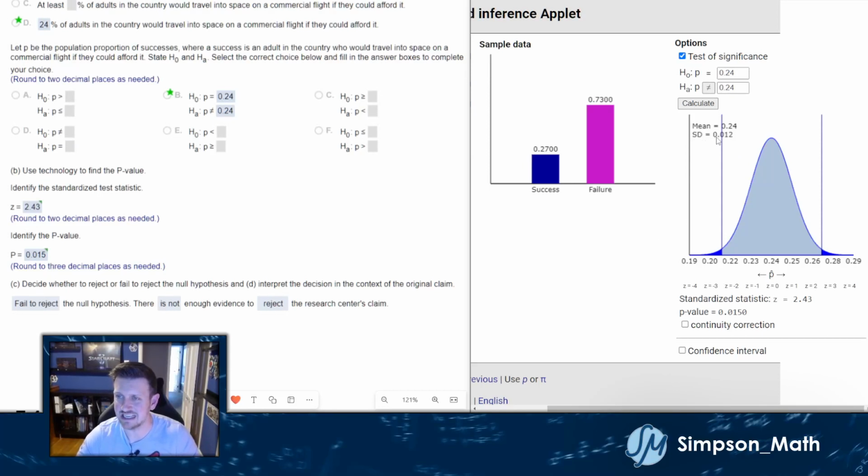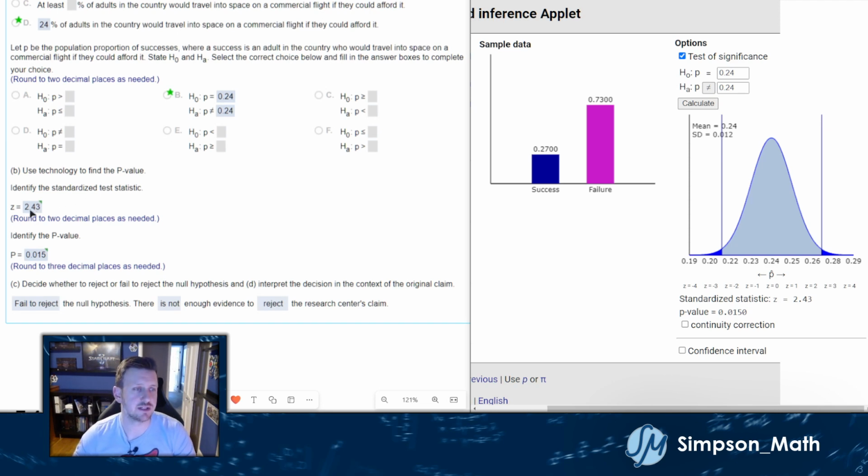Do you see this SD is 0.012? That is the standard error. That is the value in the denominator. So if you needed to show the work for it, you can simply do your 0.27 minus 0.24 to get the 0.03, divided by this 0.012. That's pretty nice, if you really needed to check that out.